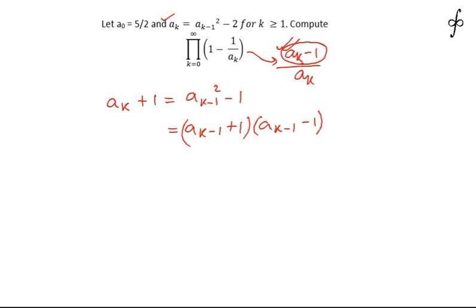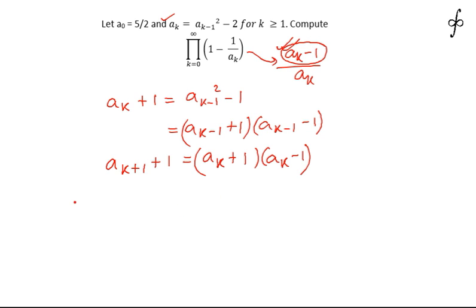Now to implement this particular factor a_{k-1}, we can just replace k by k plus 1. So it will become a_{k+1} is equal to (a_k plus 1) into (a_k minus 1).